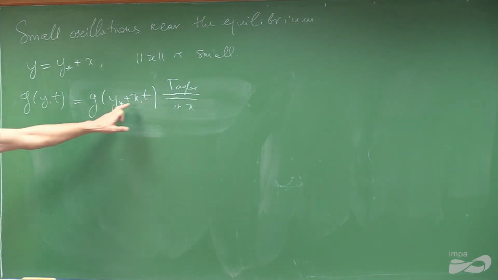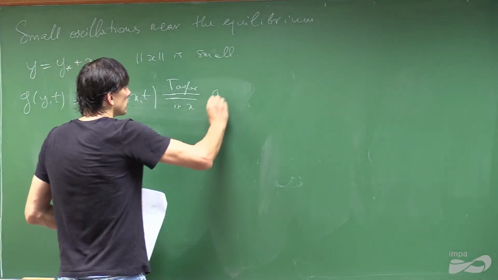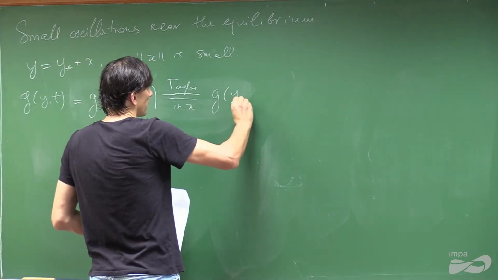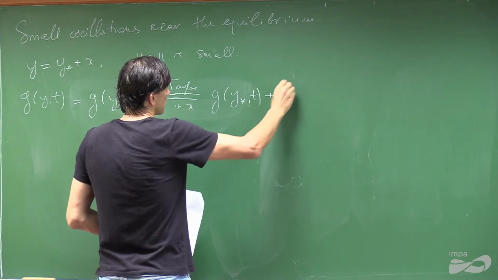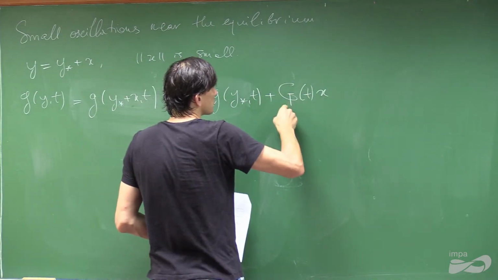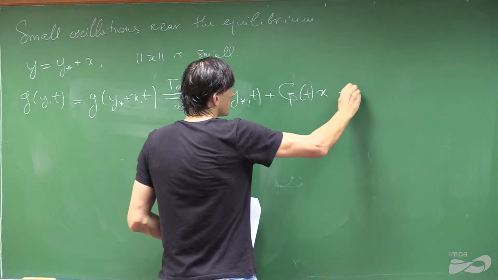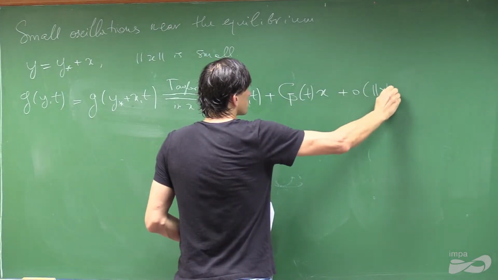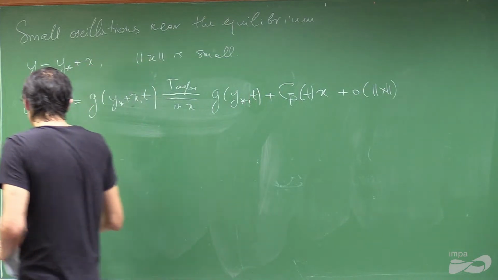When x is 0, we get the zeroth term, g at y star, t. Then the first order term will be some matrix that depends on t, times x. This is the Jacobian matrix, I will show what it is. And higher order terms.